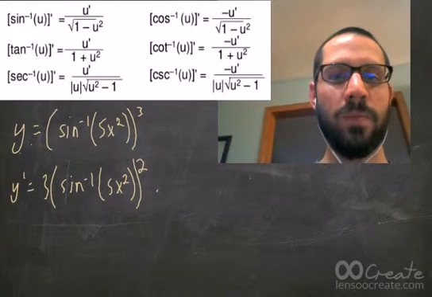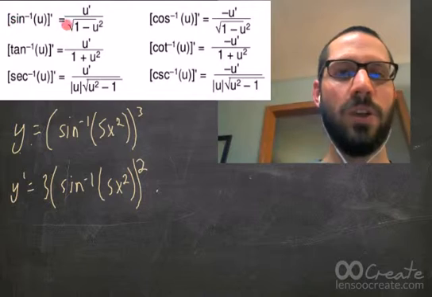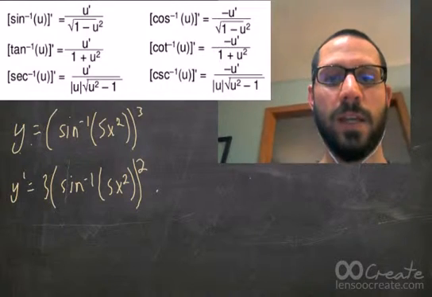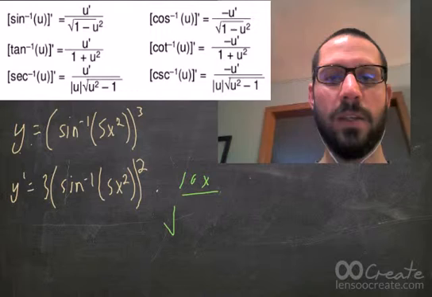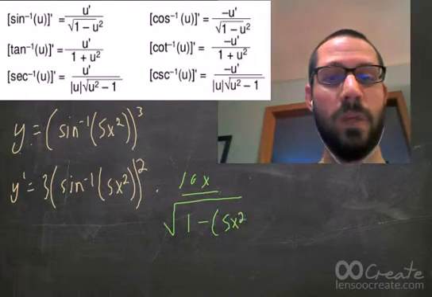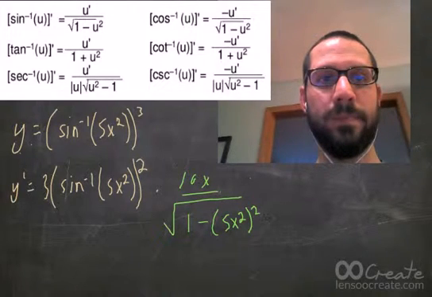Now our chain rule problem of the derivative of the inside. Our derivative of sine inverse is right here. Our u value is 5x squared, so u prime is 10x over square root of 1 minus u squared. Leave it like that. Good to go.